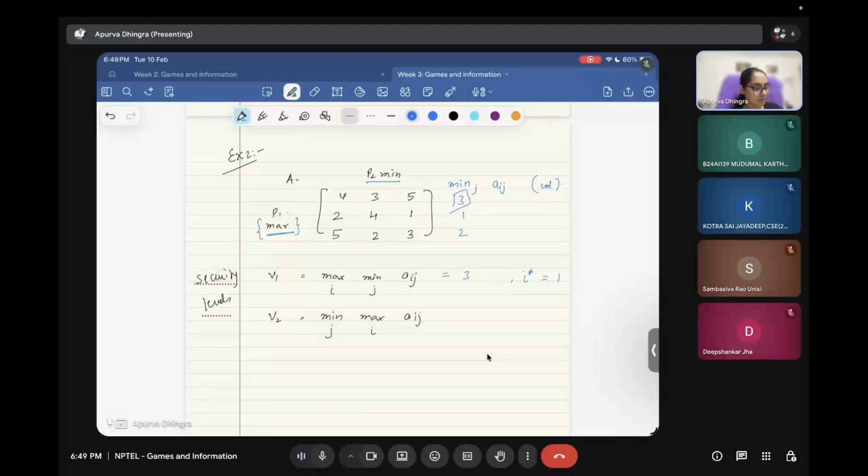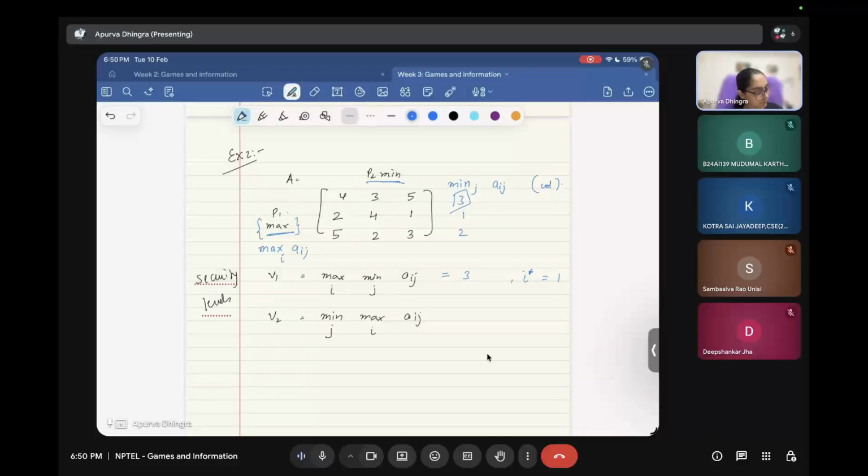Now, the same thing will be repeated by the other agent. Now, the other agent's objective is to minimize, meaning he's going to avoid getting the maximum utility value. So here he'll look at the max over i of this Aij. That means he's fixing a j and looking at the different row values for that given column, and then just choosing the maxima from there.